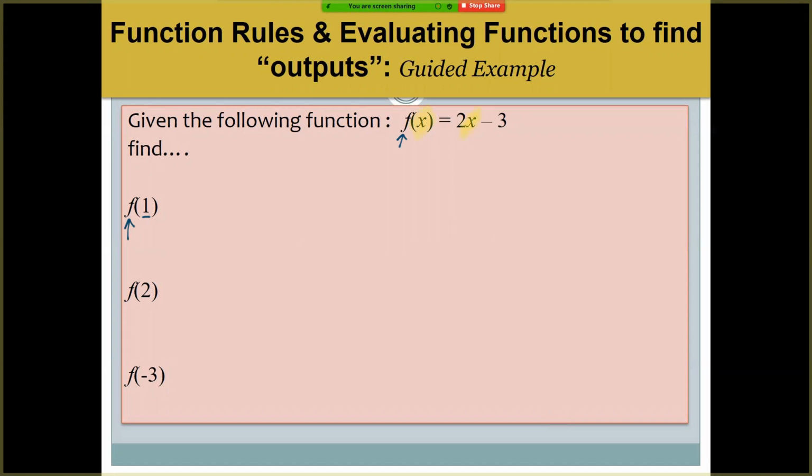When we plug it in, we put it into parentheses. So f of 1 equals 2 times 1 minus 3. Then we simplify. 2 times 1 is 2. 2 minus 3 is negative 1. So f of 1 equals negative 1.